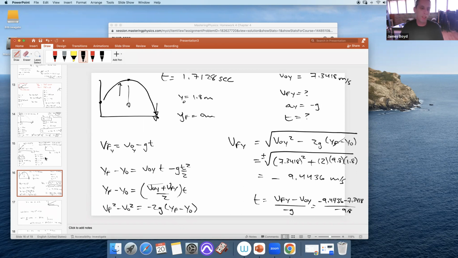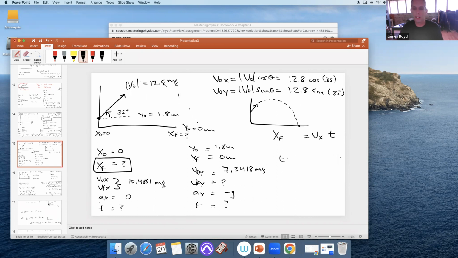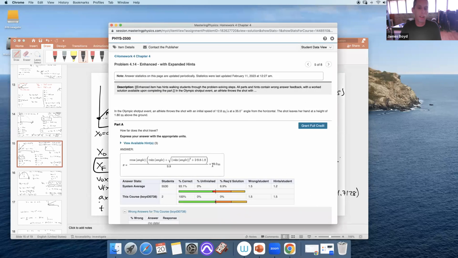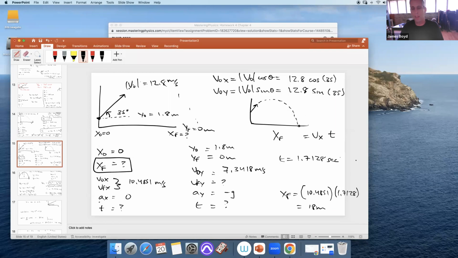But now that I have it, 1.7128 seconds, my X final is 10.4851 V of X times 1.7128. So multiply that time by 10.4851 and you get about 18 meters. Okay, you get 17.96, whatever.